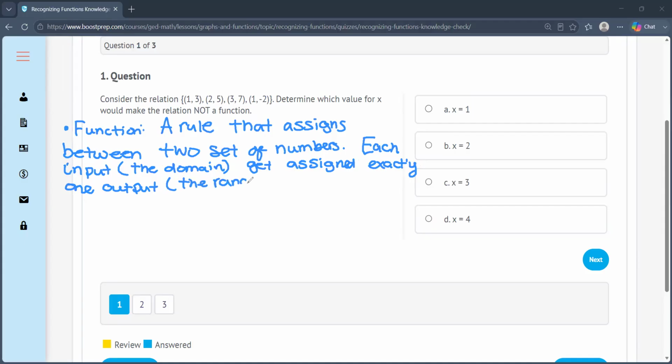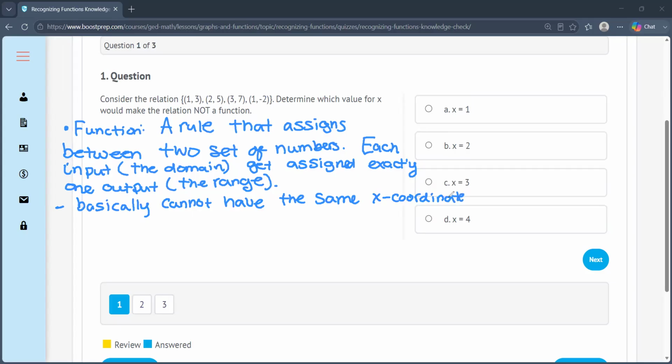Okay, so that is what the dictionary says. But in real simple terms, you cannot have the same x coordinate. That's basically what it means.